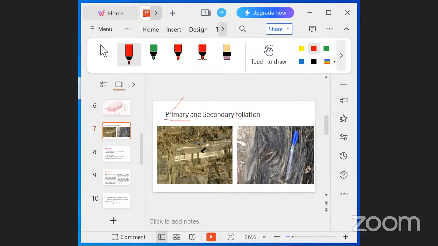The term secondary foliation is used for layers found in metamorphic rocks.